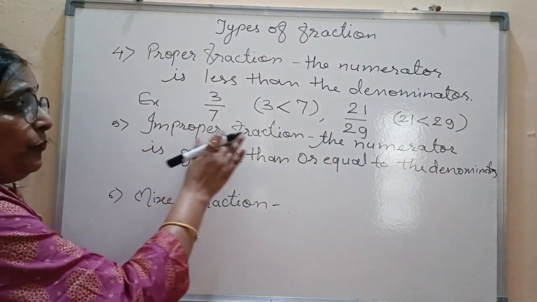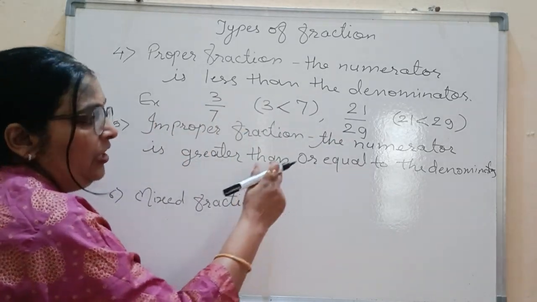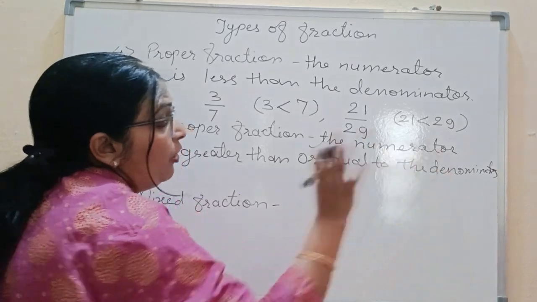What is an improper fraction? The numerator is greater than or equal to the denominator.